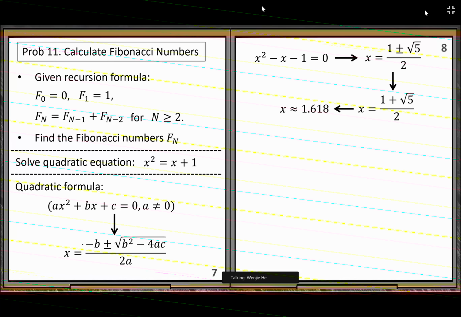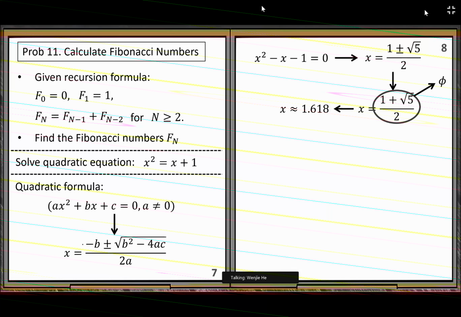The good thing is, this number has a lot of nice properties. And because it's important, people use a special Greek letter to represent it, just like pi.